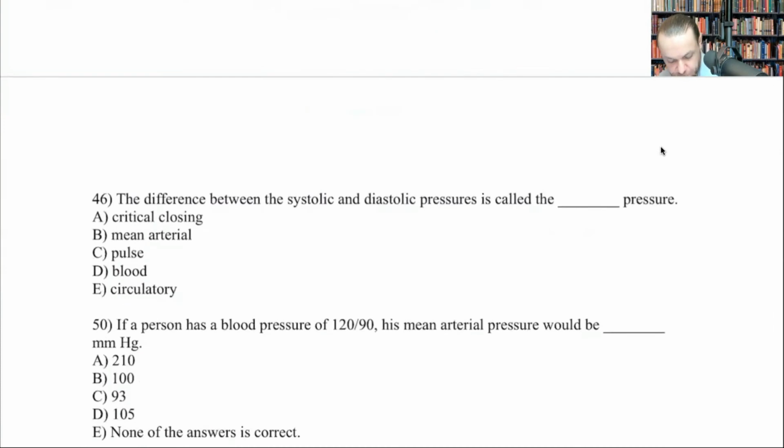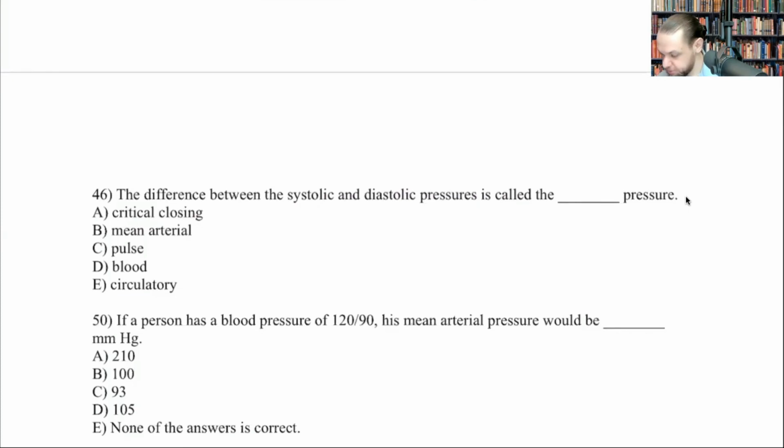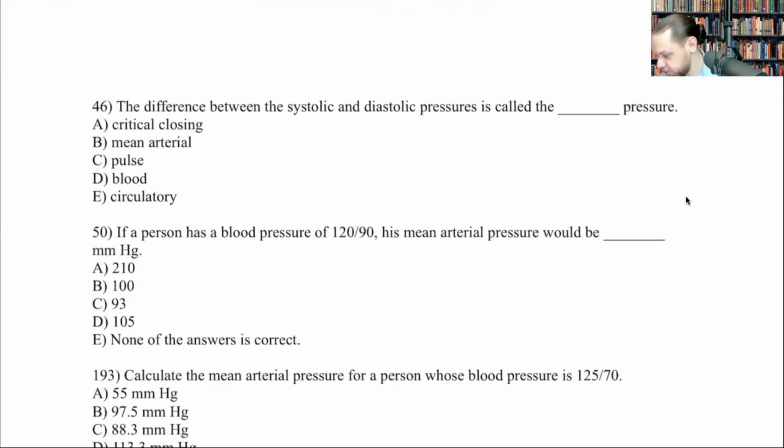Okay, we're going to go to 46. I see you guys raise your hands. Never mind. Kayla, I see your hand is up. For 46, the difference between systolic and diastolic pressures.